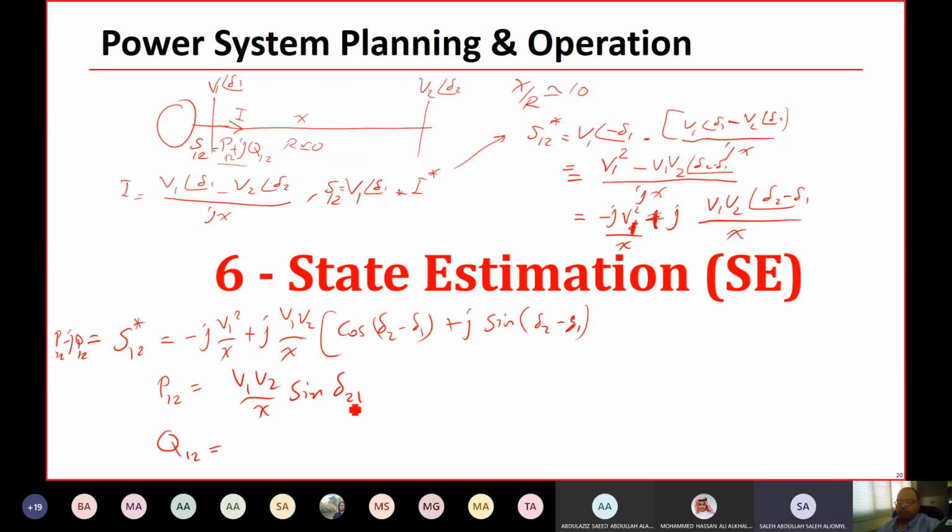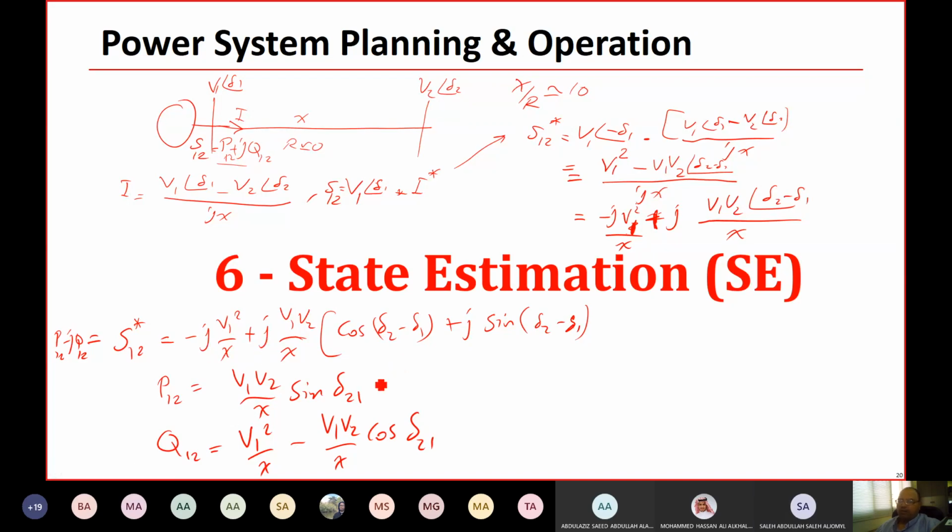V1 squared over X, and plus V1 V2 over X cosine delta 21. This is minus, so this will be plus and this will be minus.